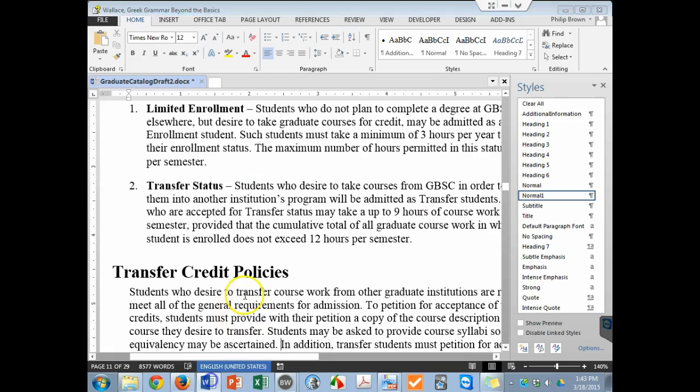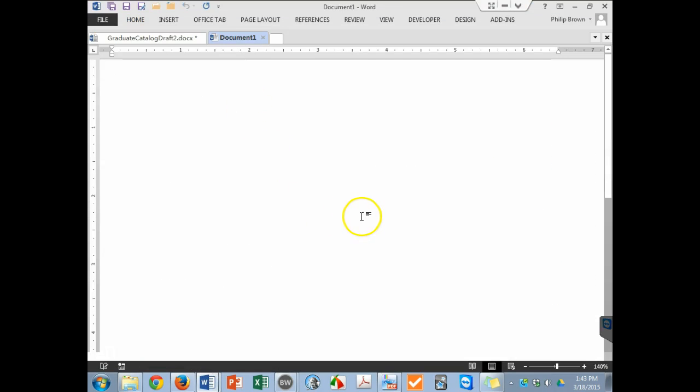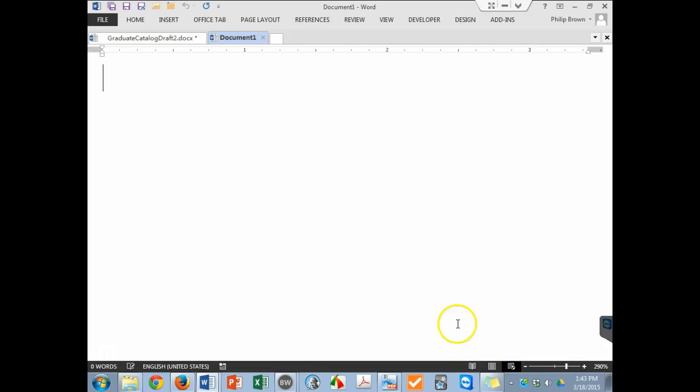Those constructions are like this. We have the conditional particle ei, which means if, plus the indicative mood in the protasis, followed by anything in the apodosis.